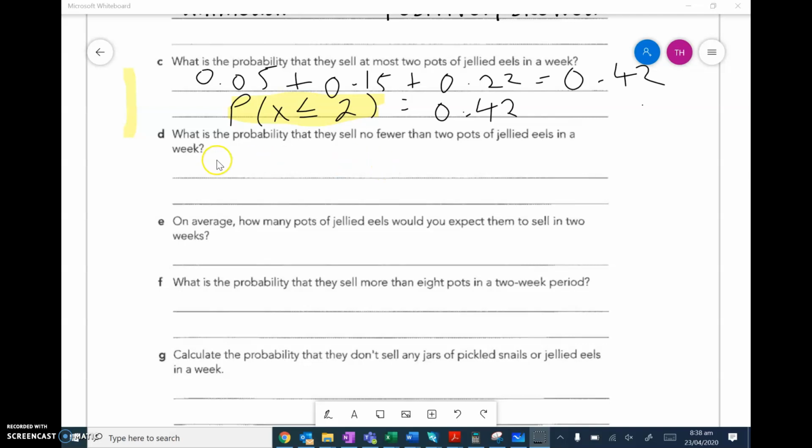So this one, no fewer than 2 pots, you would just add 2, 3, 4, 5, 6, 7 onwards, but actually it would be better if you went 1 minus.